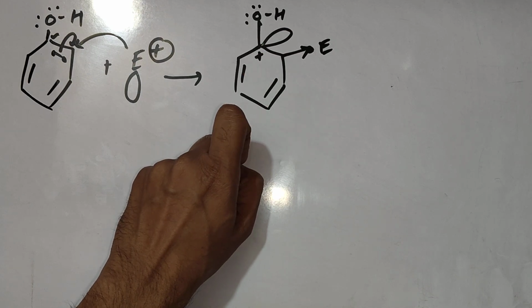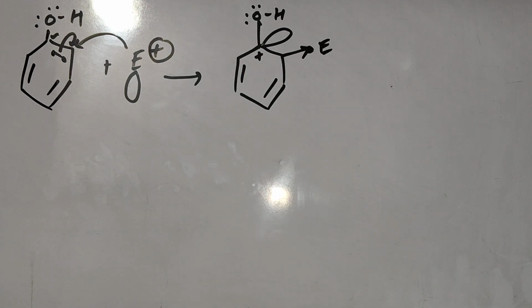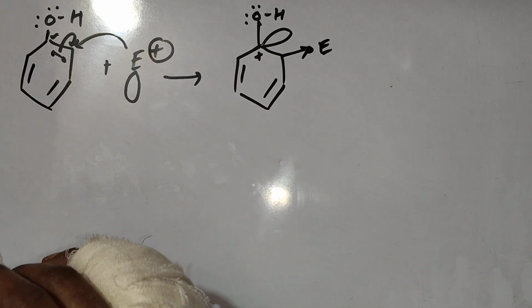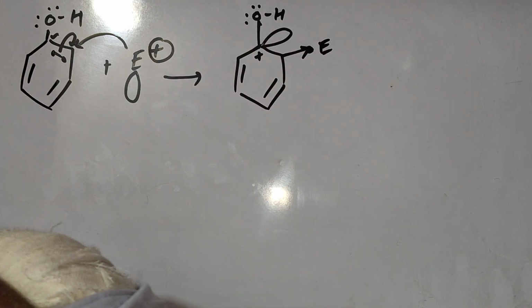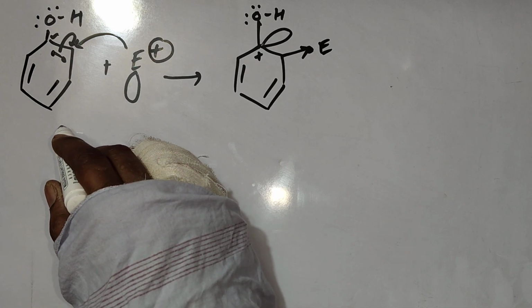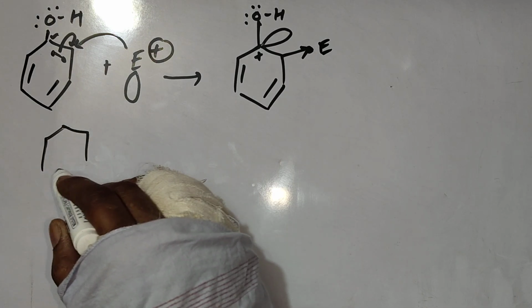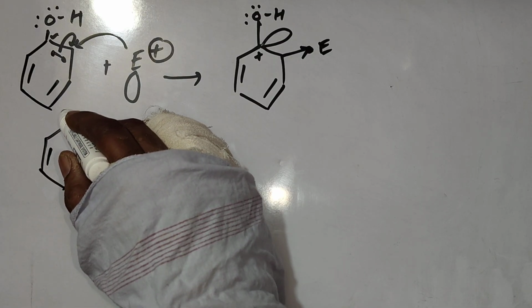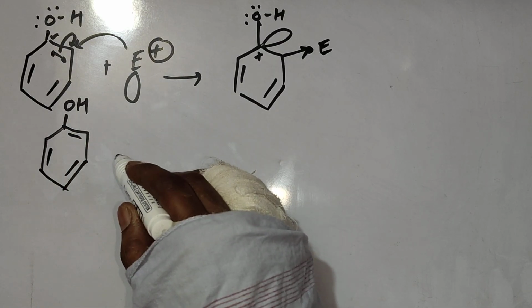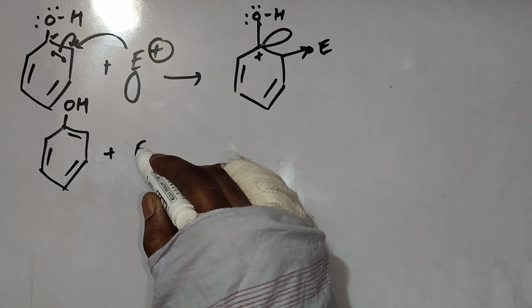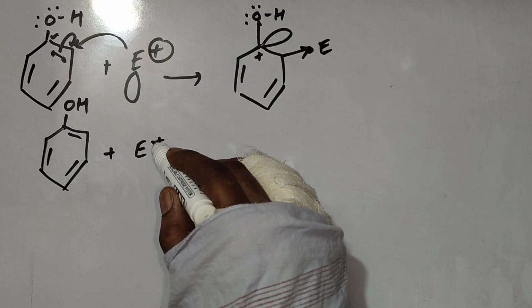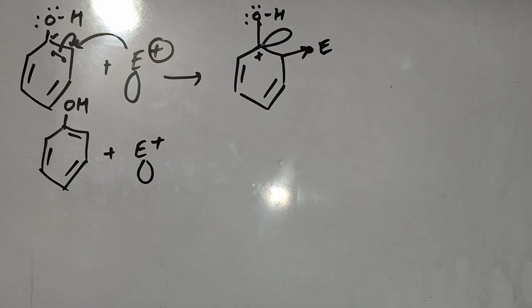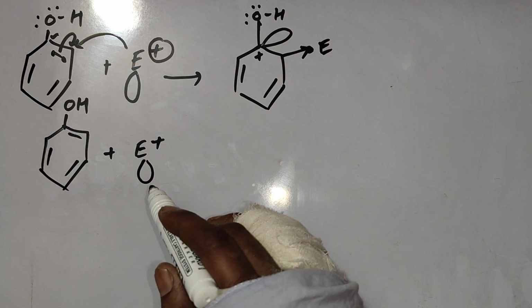Similarly, if this electrophile is attacking on a meta position, let's check which carbocation will be generated. This is an electrophile with a vacant orbital looking for the electron.